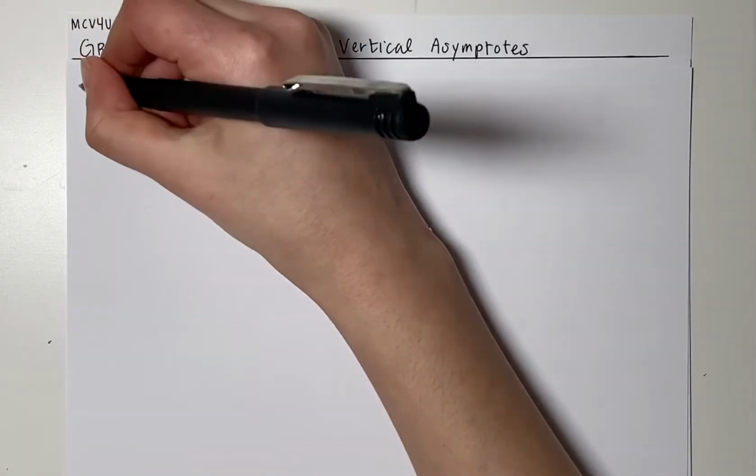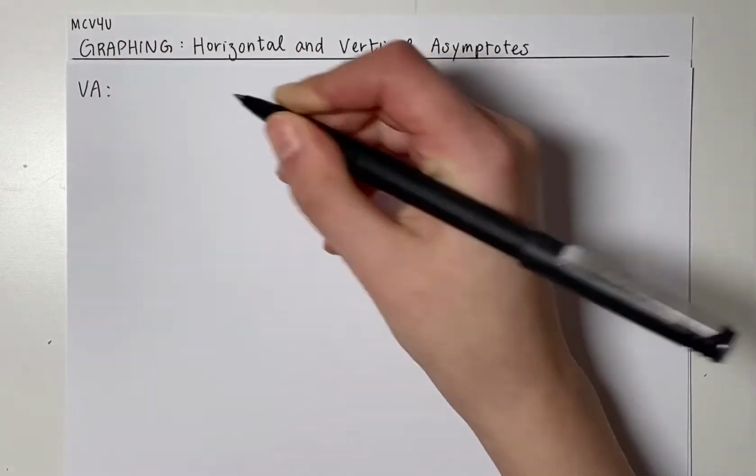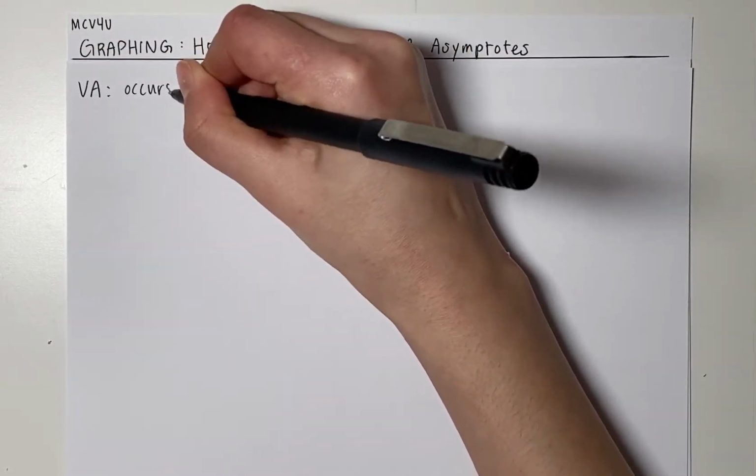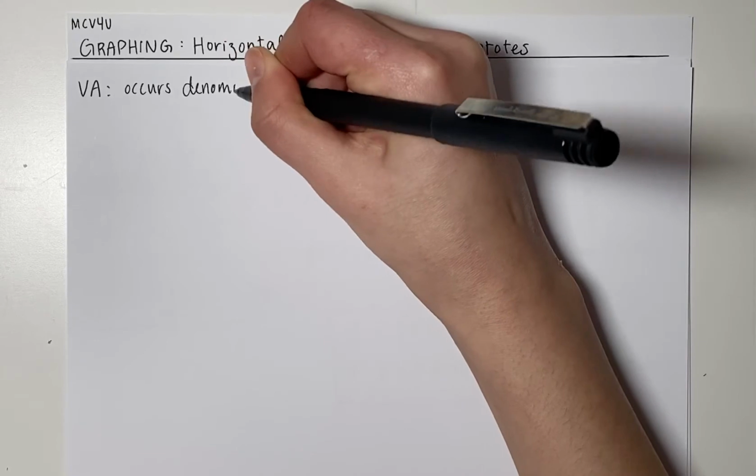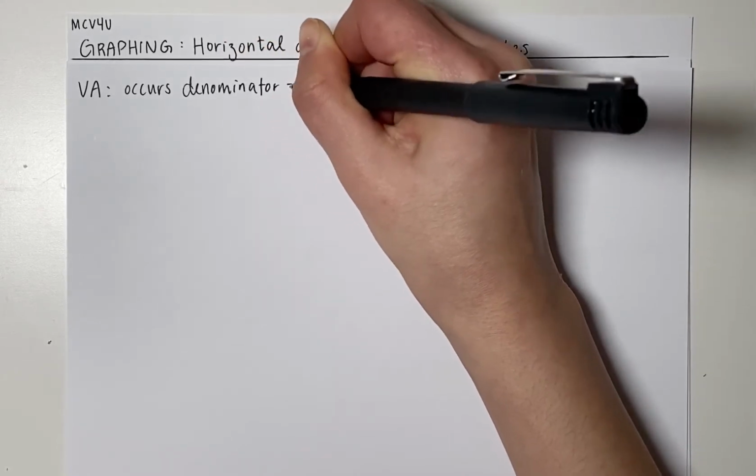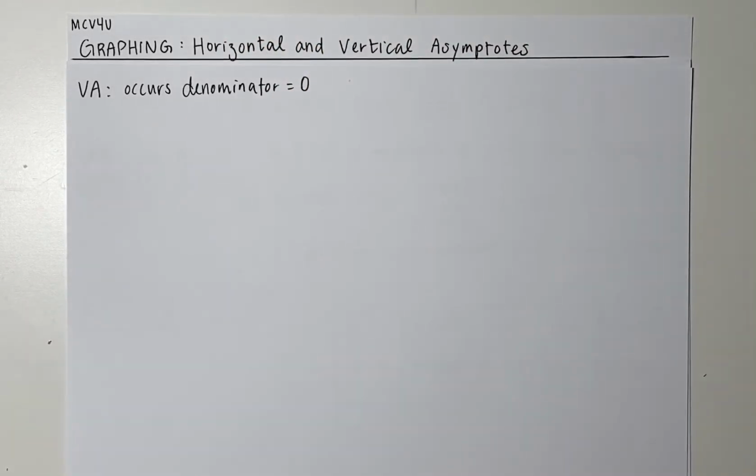Now we're going to take a look at our vertical asymptote. As we mentioned earlier, our vertical asymptote occurs when the denominator equals 0. But once again, we need to know the behavior of the function near the vertical asymptote so that we're able to graph our function.